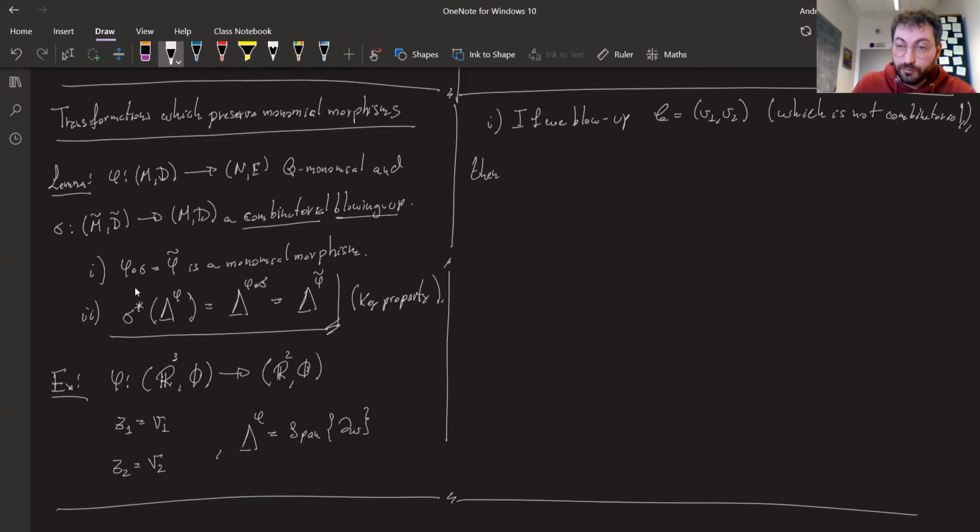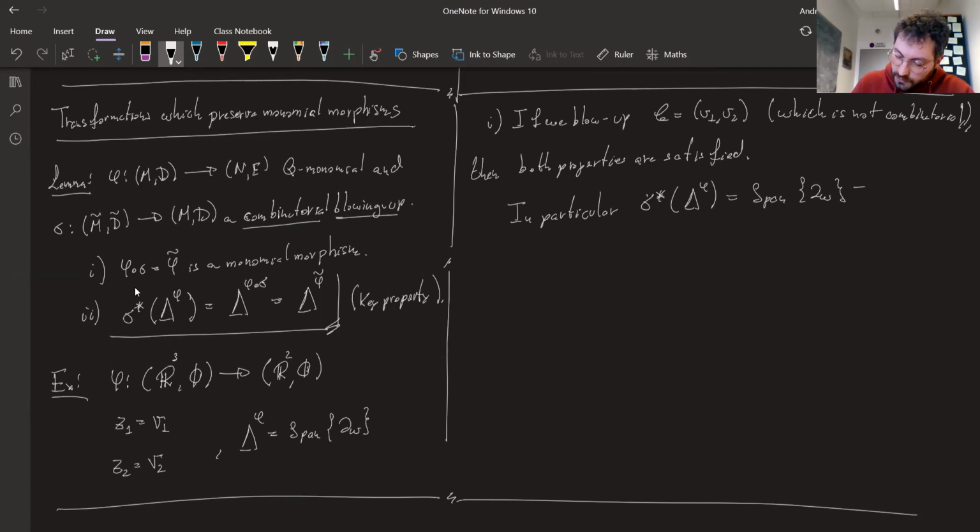Then both properties are satisfied. We can see that if we blow up like this, then this blowing up is invariant by the axis given by W. So the pullback of this in particular, we're going to have that the blowing up of this phi is still going to be the span of dW, which is now d of sigma phi.